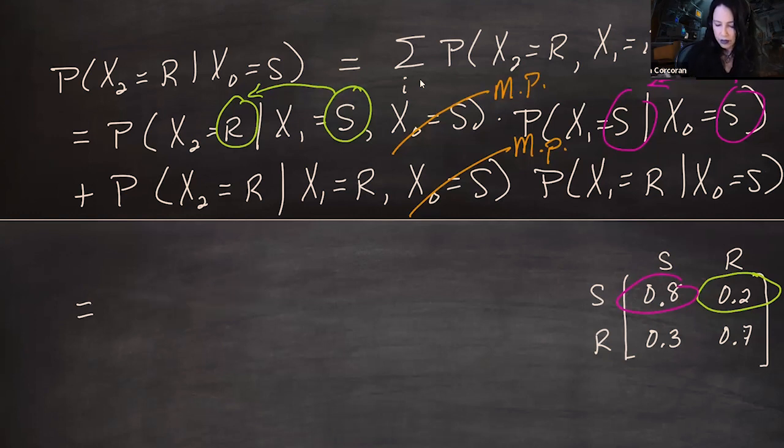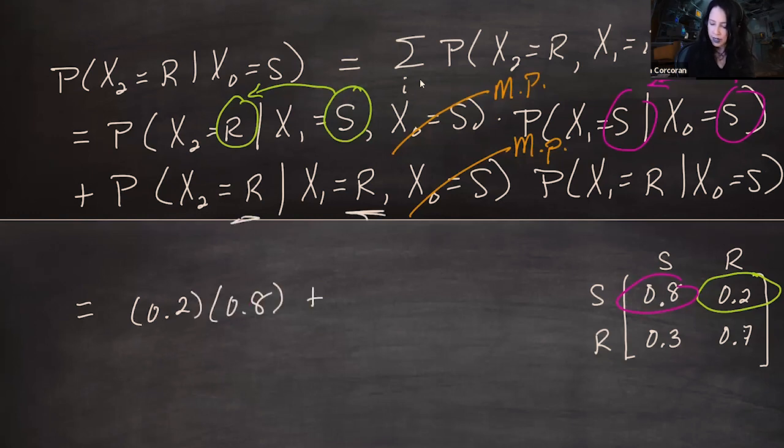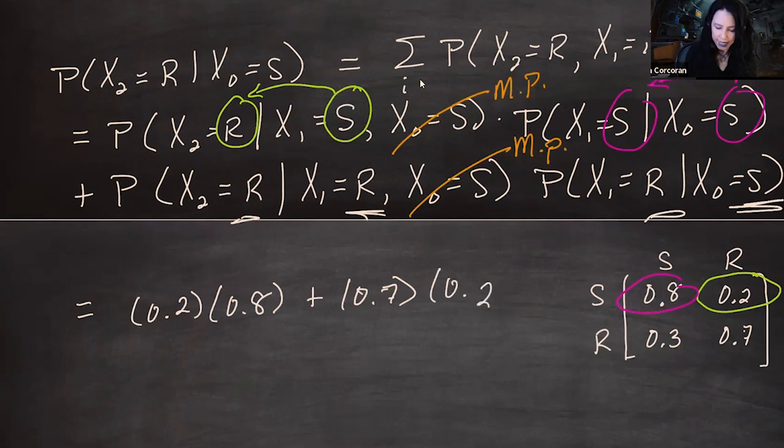So this is 0.2 times 0.8, plus R to R is 0.7, and then S to R is 0.2.